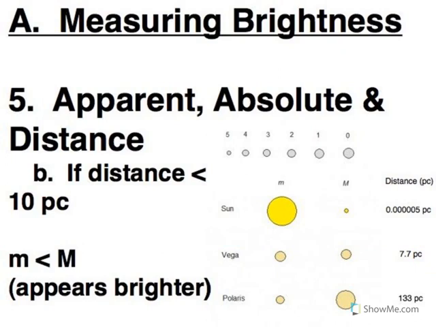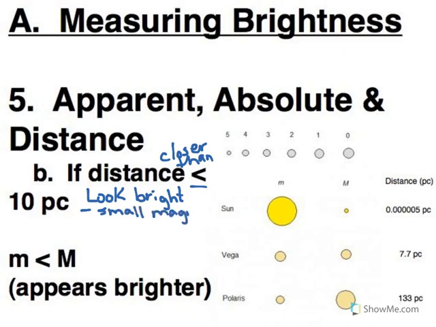Now what if it is closer than 10 parsecs? Well, if it's closer, then it's going to look bright. But remember the way the magnitude scale is set up, that's going to be a small magnitude number.